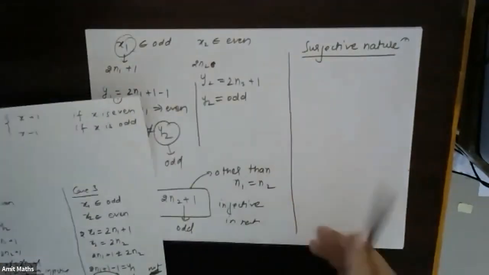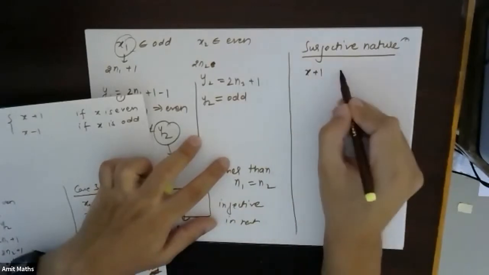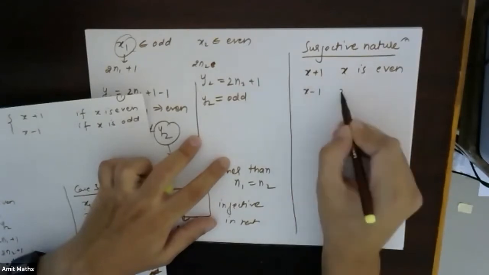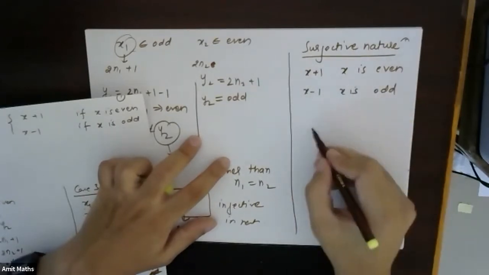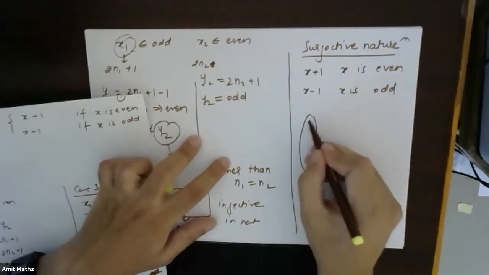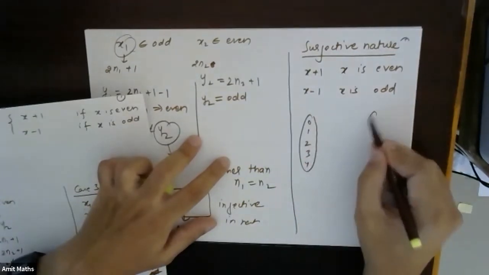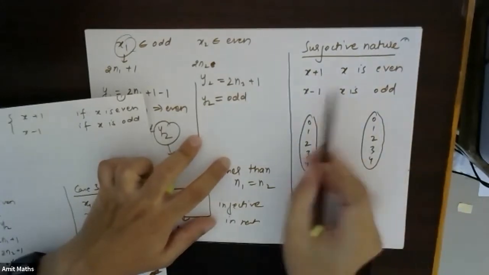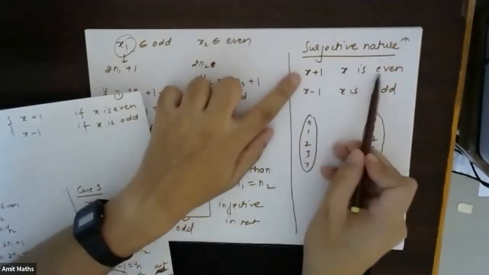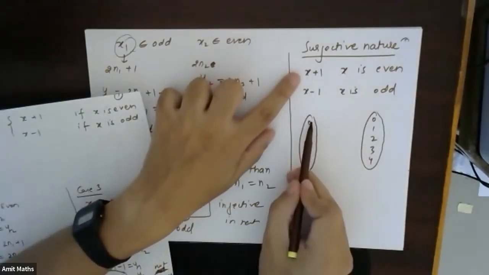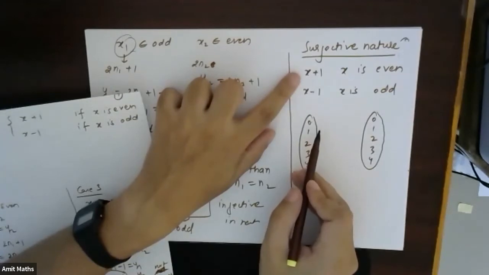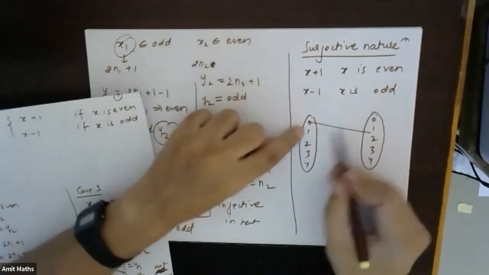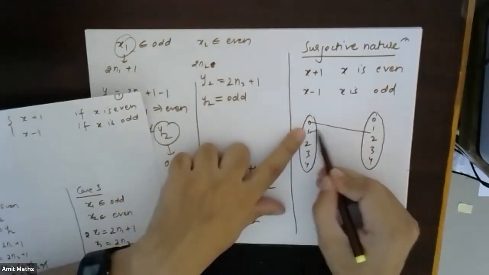So x plus 1 when x is even and x minus 1 when x is odd. This is moving from 0, 1, 2, 3, 4 to 0, 1, 2, 3, 4 and so on. Let's substitute first. 0 is an even number, so 0 will map with 1, and 1 is odd, so it will map with 0.